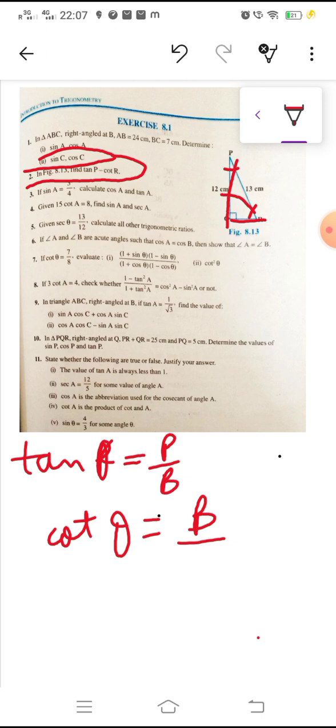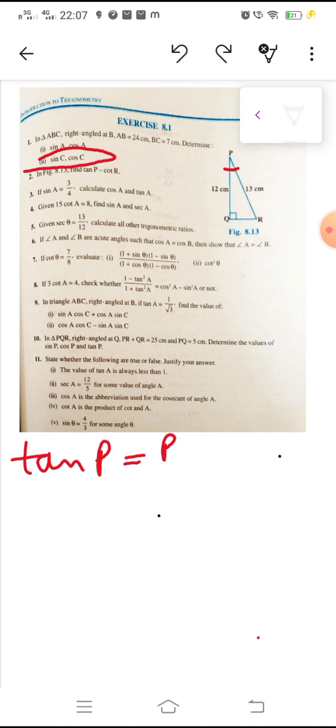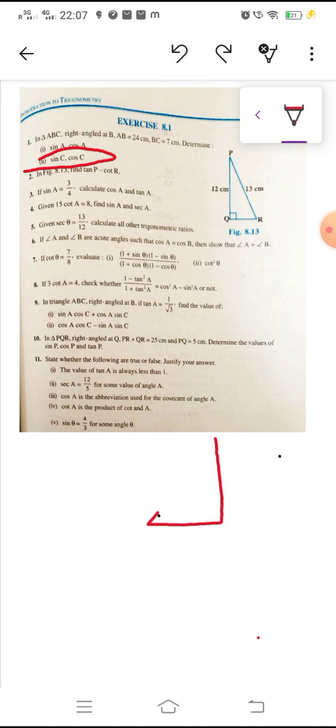Okay. Now if sine A is given, then calculate cos A and tan A. Very simple. The value of sine A is given: sine A is equal to 3 by 4. Let's draw a figure. Sine is equal to perpendicular upon hypotenuse.